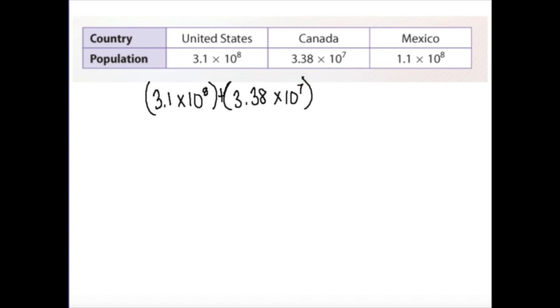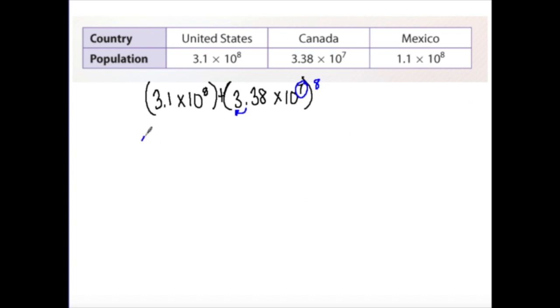I need to change one of these so that the power of 10 is the same. I'm going to change Canada's. So when I do that, I move this decimal one place, and I need to change this to an 8. So I've moved the decimal, and now it's a power of 8.